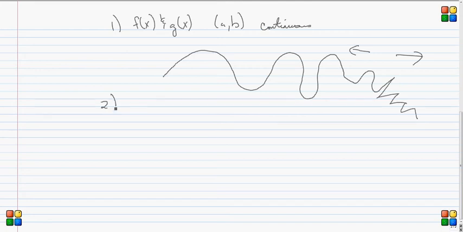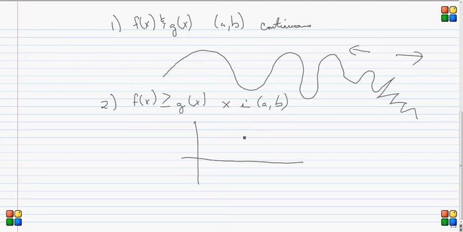Now the other thing that we need to be true is that f of x has to always be greater than or equal to g of x for all x in a to b. What does that mean? That means that within the range where we're looking, f of x always has to be above g of x.